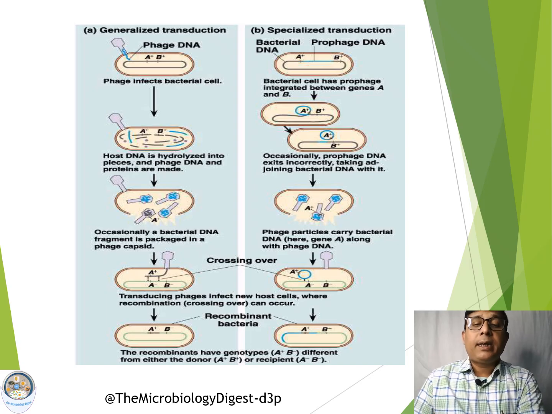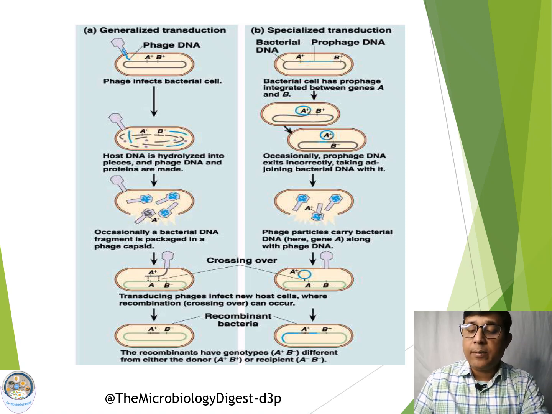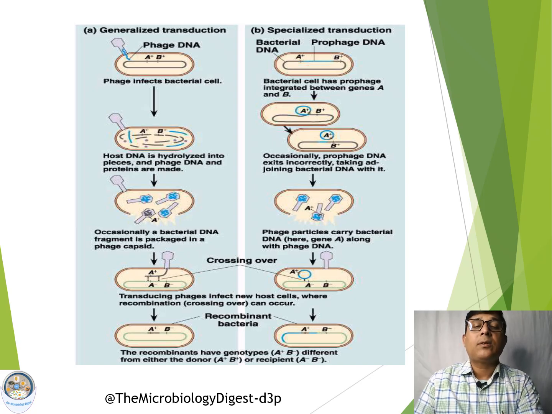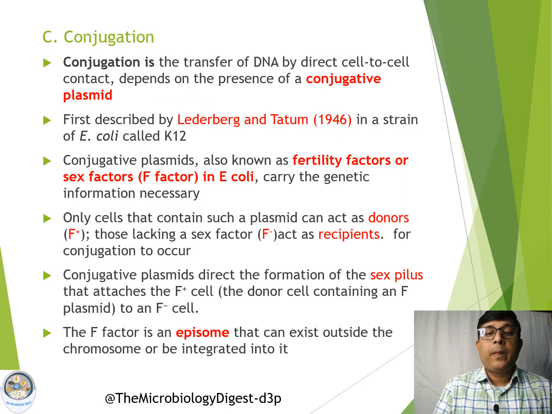So this is the diagrammatic illustration of the transduction process. It is mediated, as we have discussed, by bacteriophage, and both generalized transduction and specialized transduction have been illustrated in the diagram.